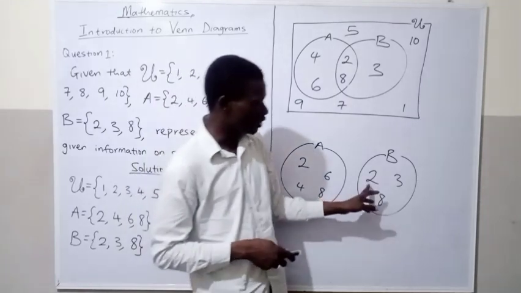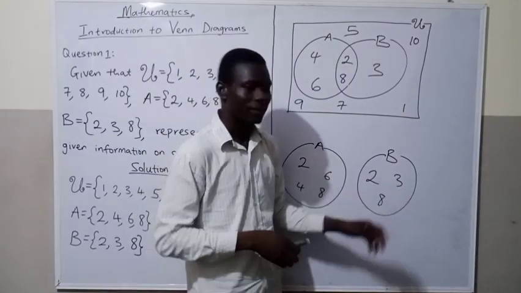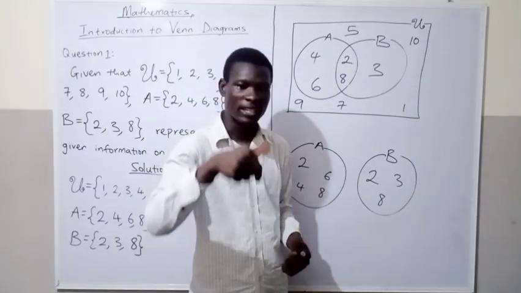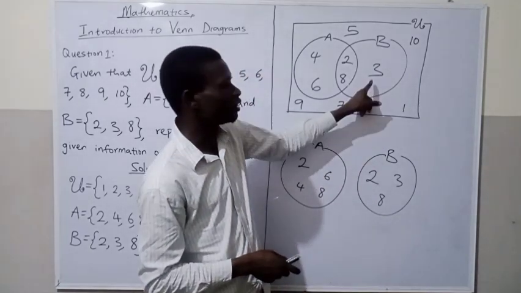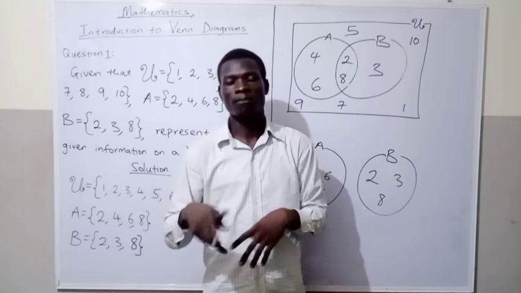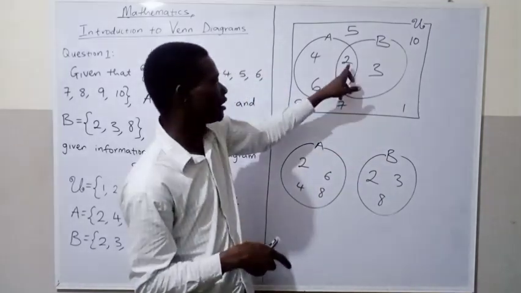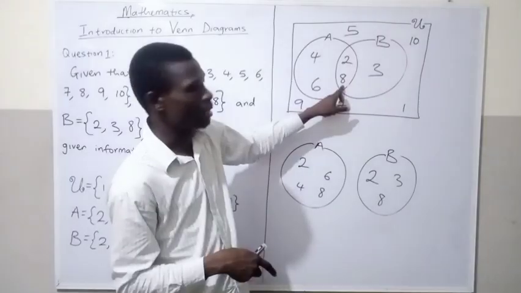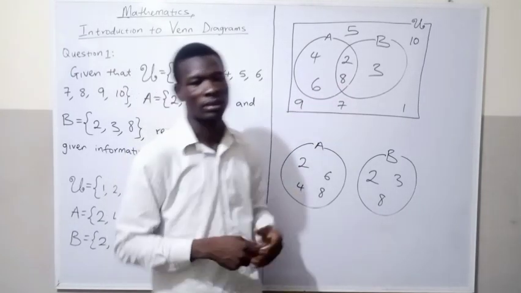Then we have elements in B generally. They are 2, 3, and 8. Then we have elements in B only. Element in B only is just 3. Then we have elements in A intersection B. The elements in A intersection B are 2 and 8, because those are the ones that are common.